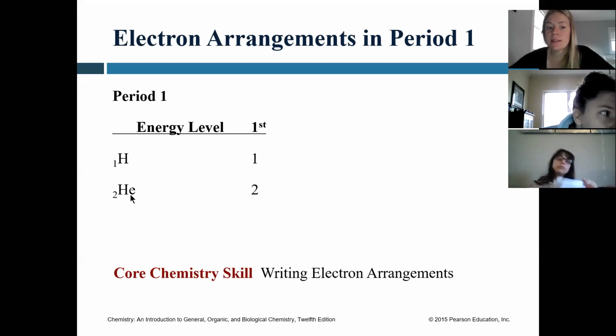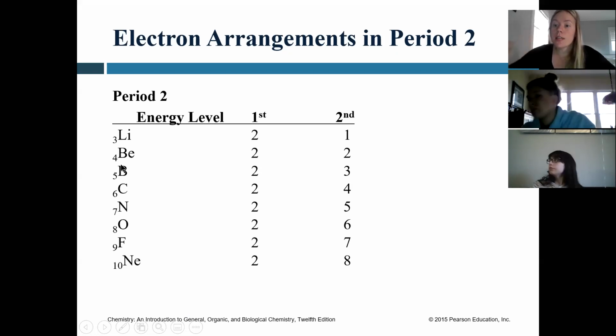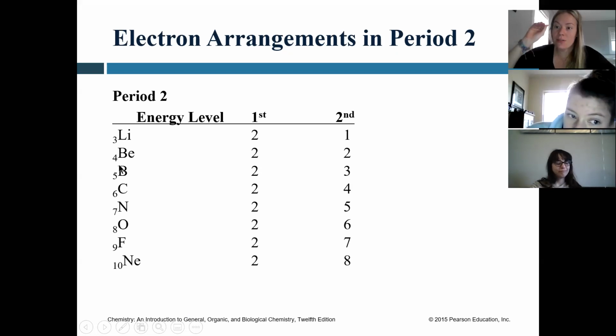So after we get to helium, we have to move to the next onion layer. So if we move into the second period, which is next to lithium, you can put a 2, right? Or your periodic chart may already be numbered with those. Lithium, beryllium, boron, carbon, all those through neon, those are all in the second energy level. So you always fill the lowest energy first, right? You're going to pack the electrons into the first onion layer, and then you expand to the second onion layer.